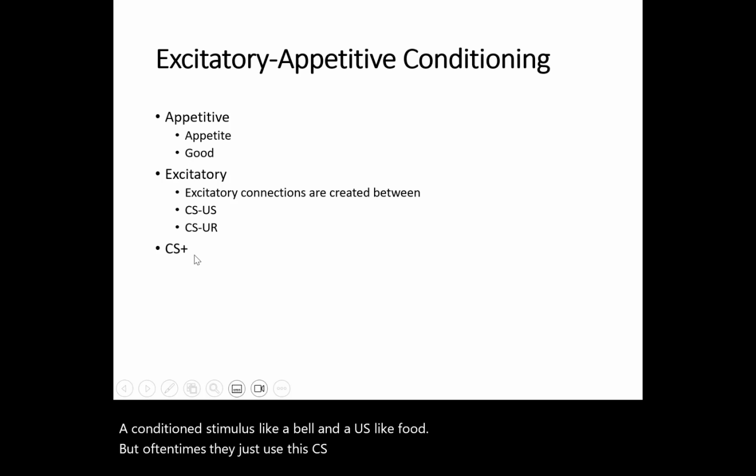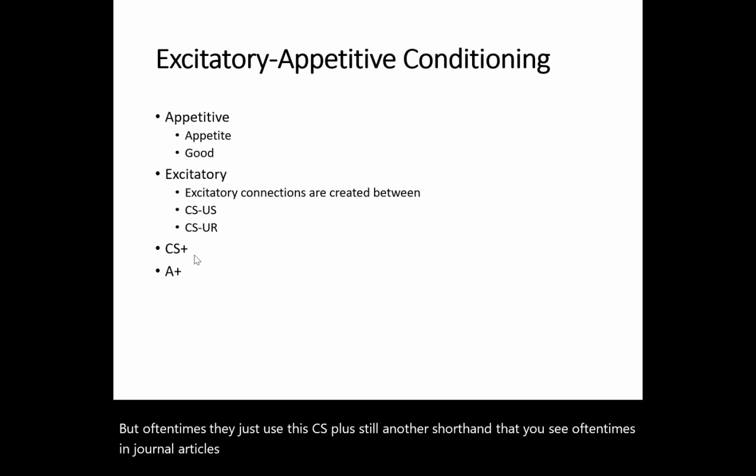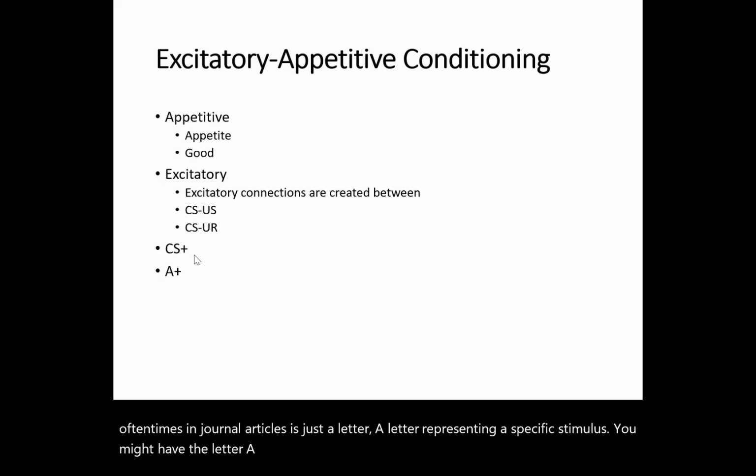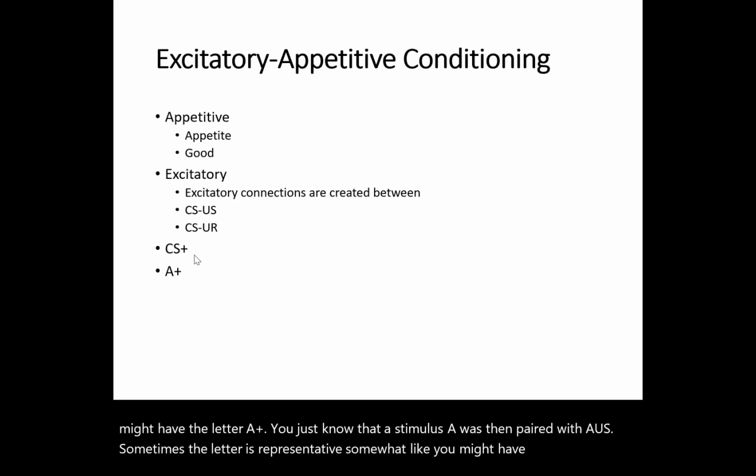Still another shorthand that you see oftentimes in journal articles is just a letter, a letter representing a specific stimulus. You might have the letter A plus. You just know that a stimulus, A, was then paired with a US. Sometimes the letter is representative somewhat. Like you might have a bell associated with food.